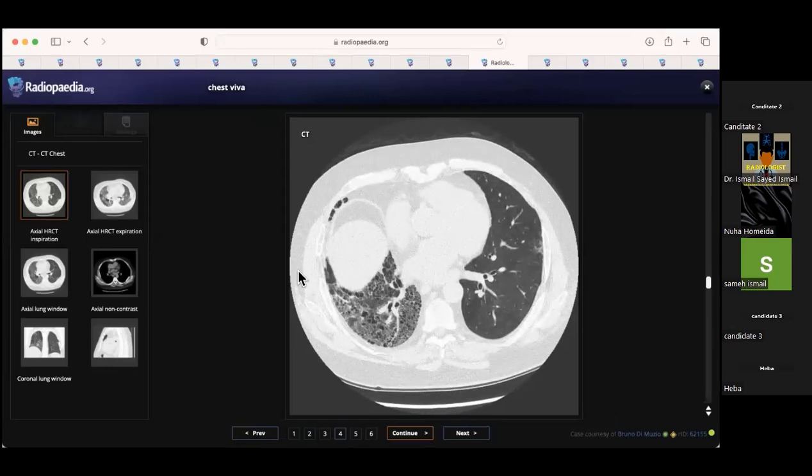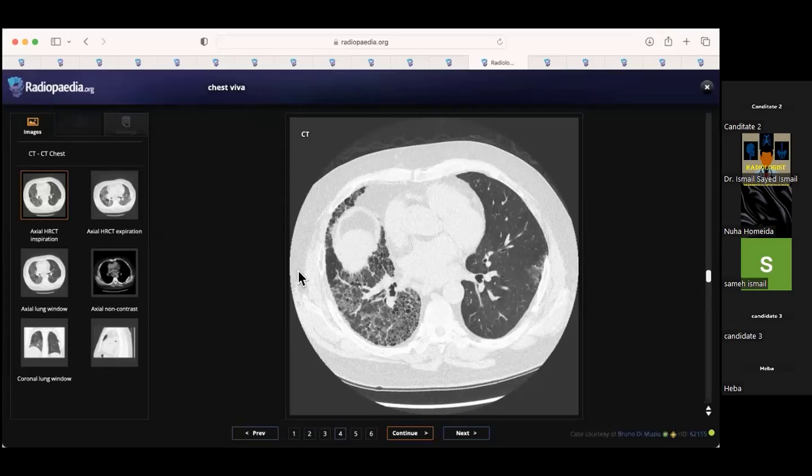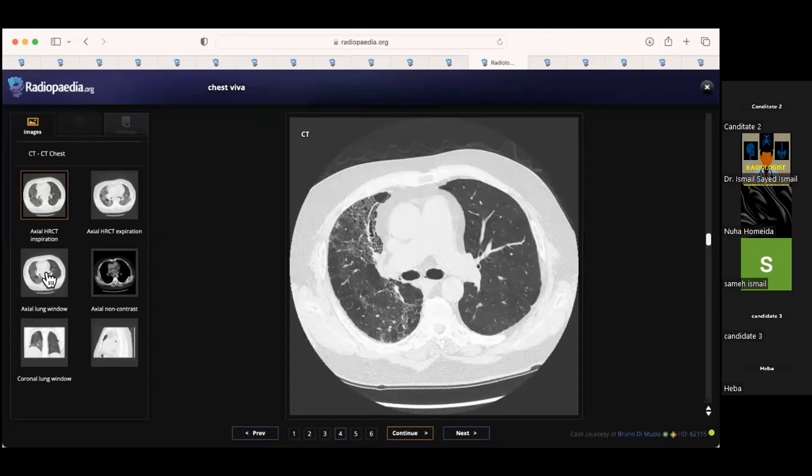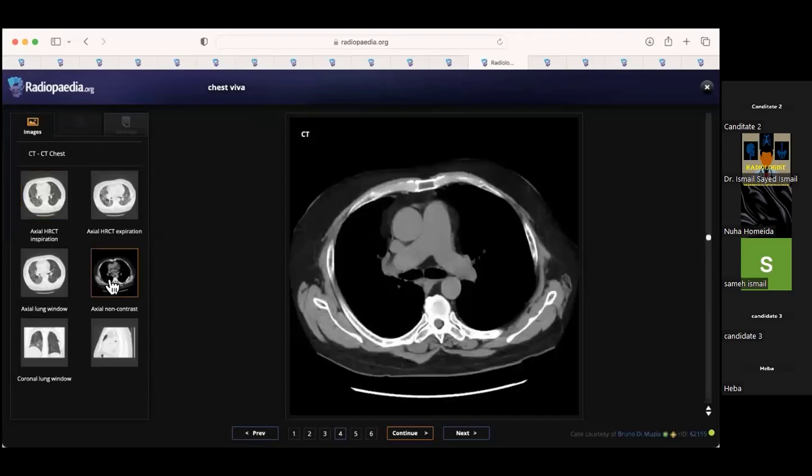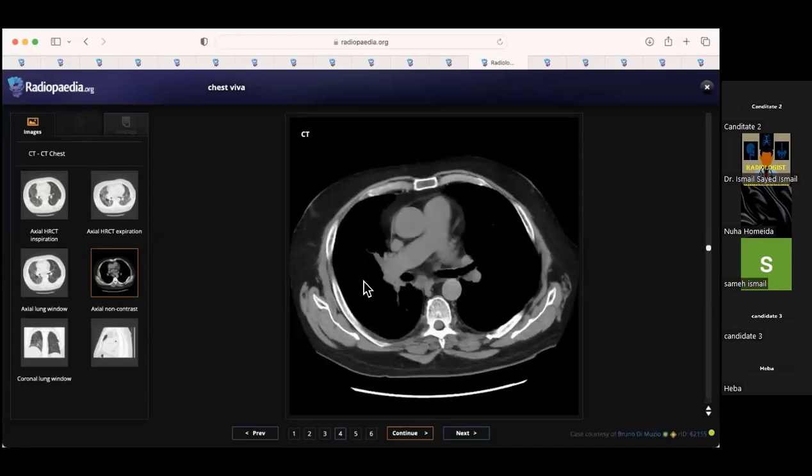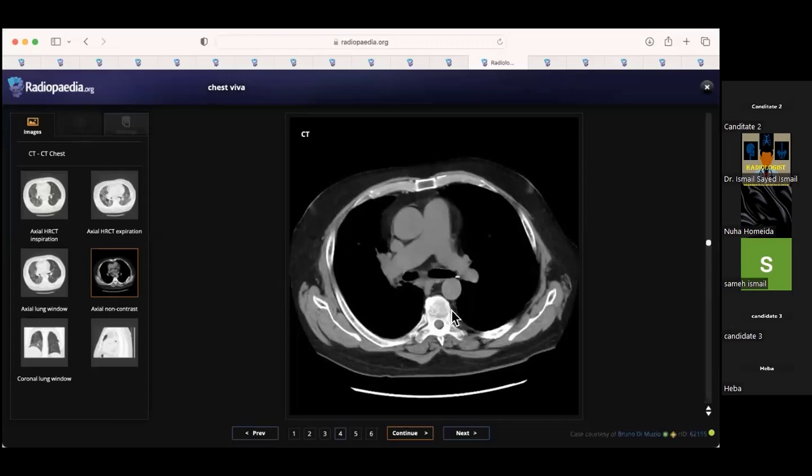Then you want to tell the examiner that you want to see the soft tissue window, to look for any evidence of clips, which indicate a previous lung transplant.